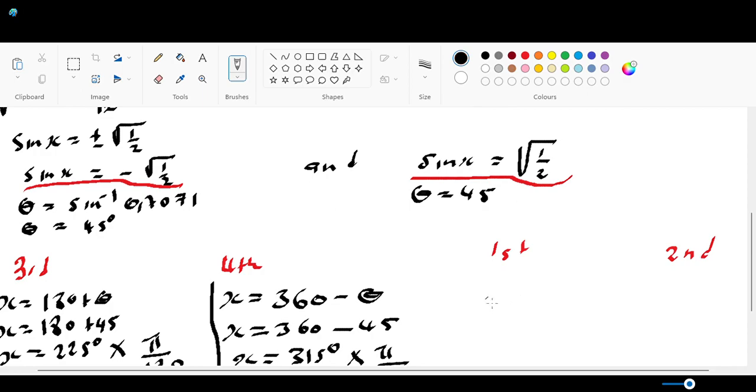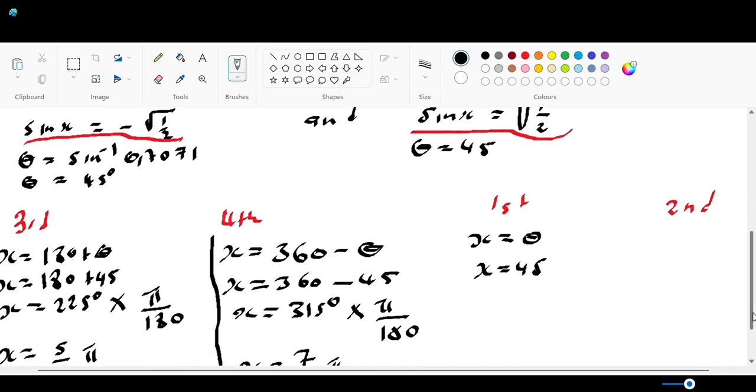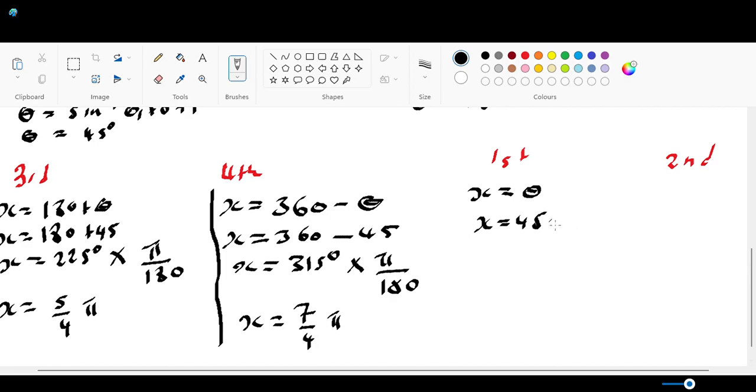Alright, so let's continue. For the first quadrant, we don't have to worry because this 45 here already represents the first quadrant. So we can say x is equal to theta. Now what is theta? Theta is 45. So we are fine on the first quadrant, 45 degrees. But we need to convert this, so we have to multiply by pi over 180.